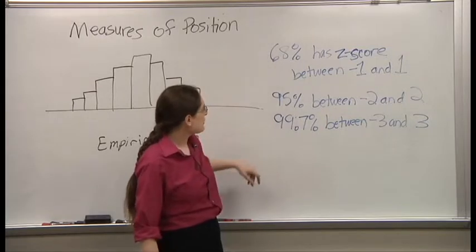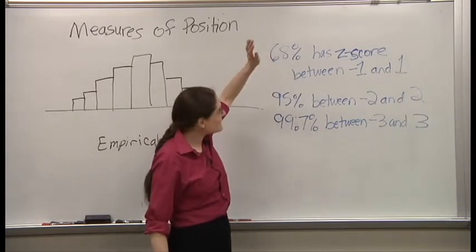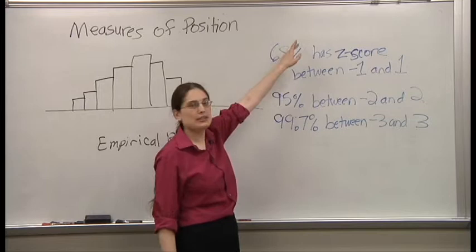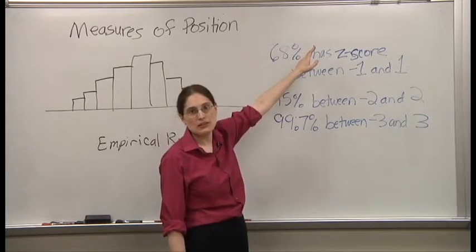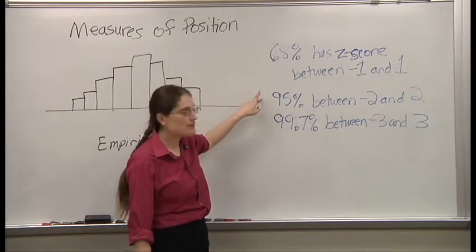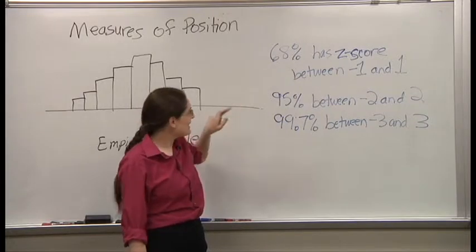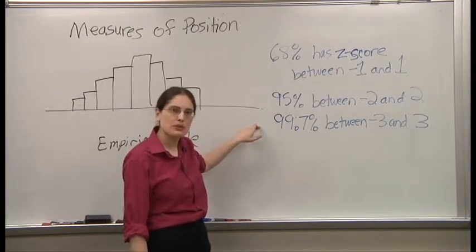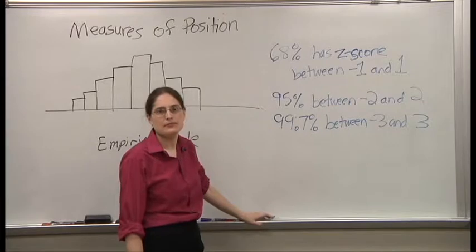This is what the empirical rule says. 68% within 1 standard deviation of the mean, 95% within 2, 99.7% within 3. Yes? Can you say that again?